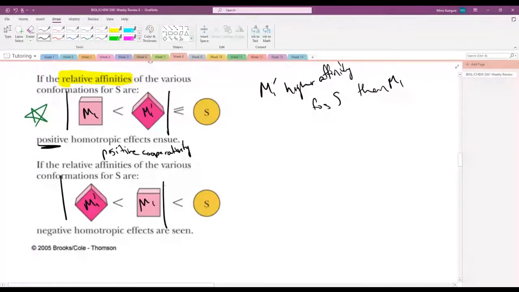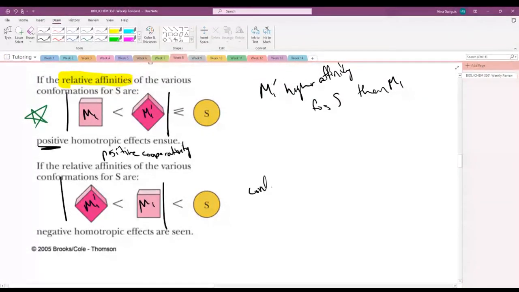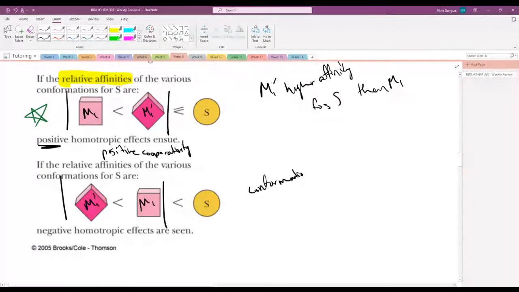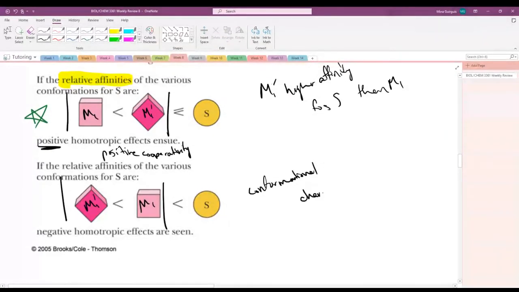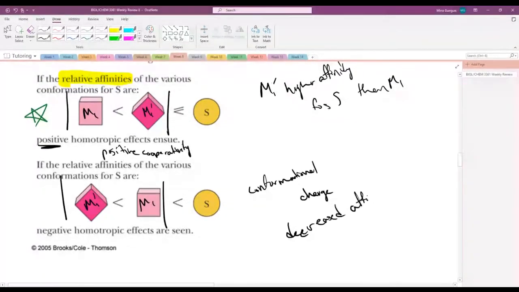In other words, the conformational change decreased the affinity. Decreased affinity. So affinity went down. This is an inhibitor.